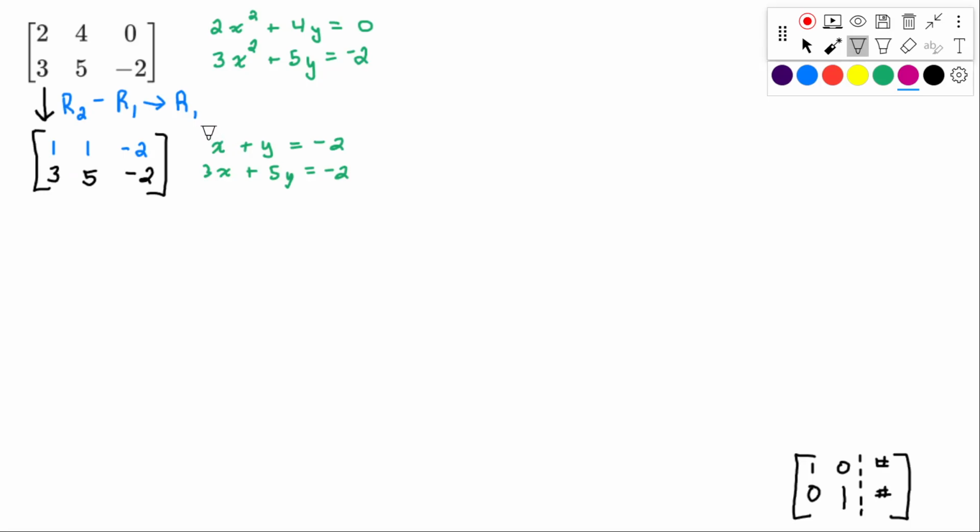Now I can take and multiply that first equation by 3 and I'll get a 3x. So my system will be 3x plus 3y equals -6, and our bottom equation is still that 3x plus 5y equals -2.